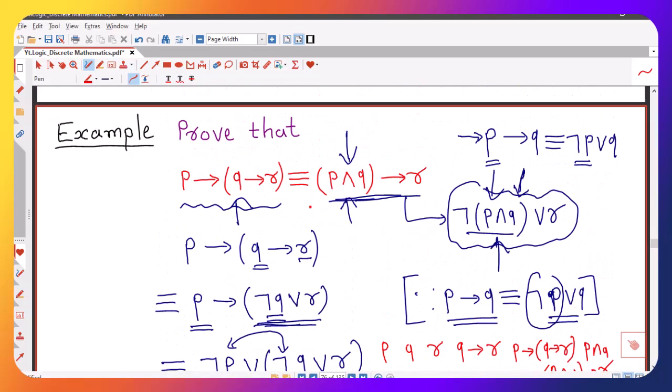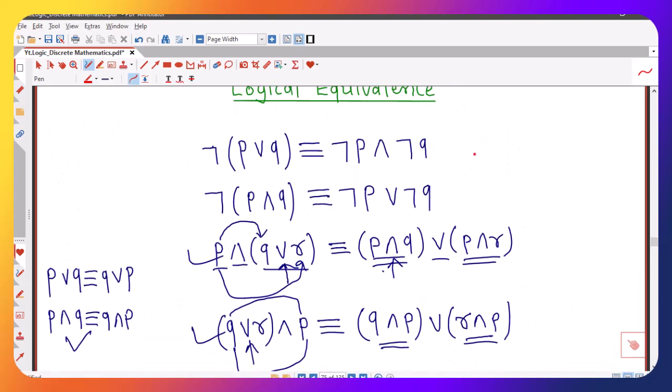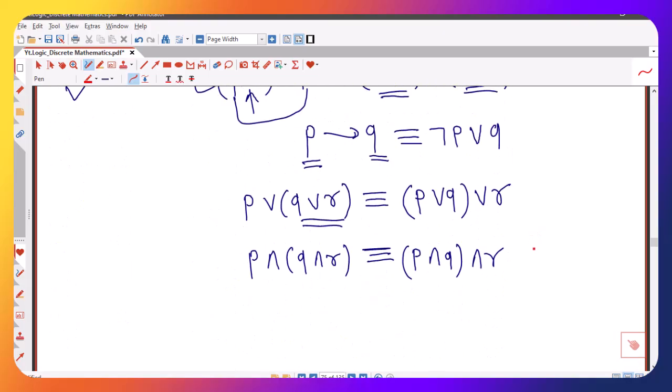All we have to remember is certain basic logical equivalences. We applied De Morgan's law and we applied associative law and we applied this logical equivalence.